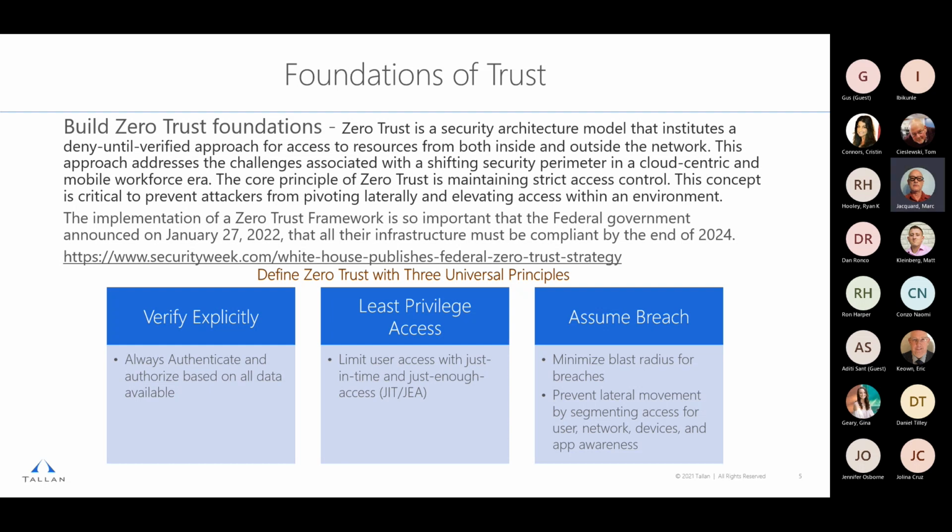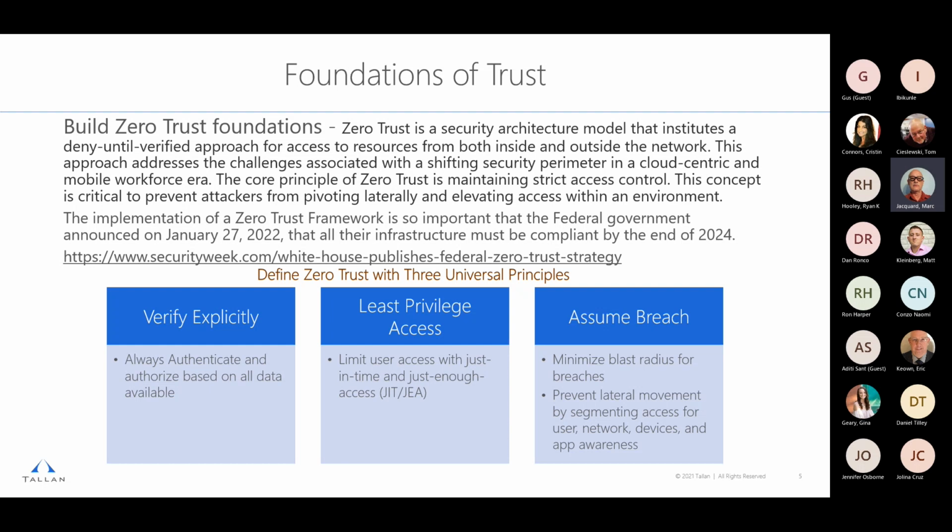Really, the core principle of zero trust is maintaining strict access control. It's a concept that is critical to preventing attackers from actually pivoting laterally and elevating access within an environment, right? It's how we start looking at all of this.